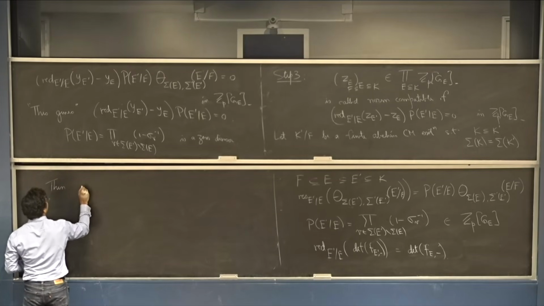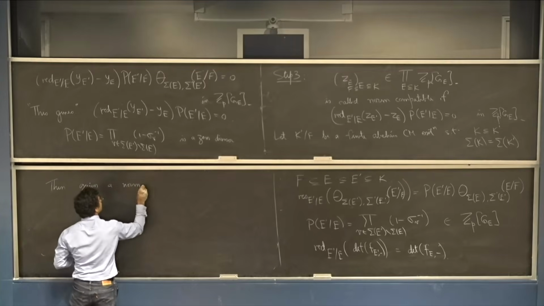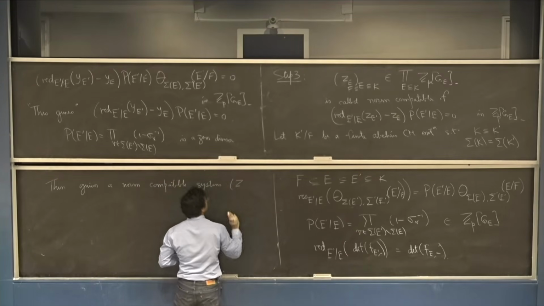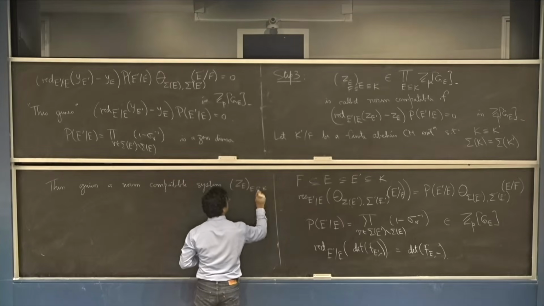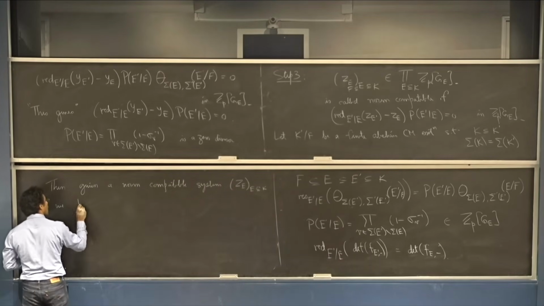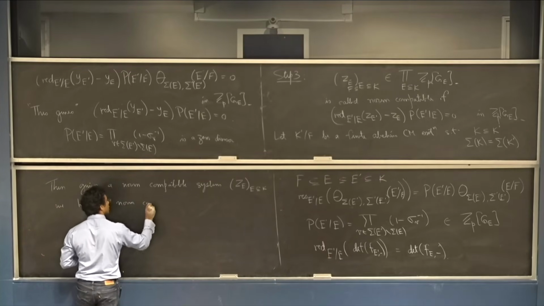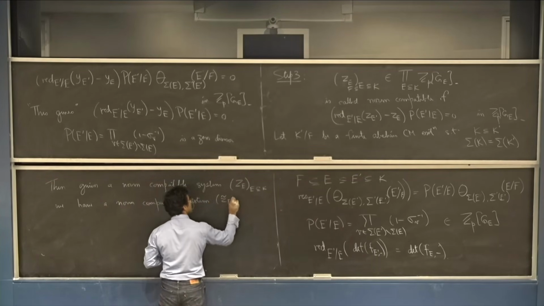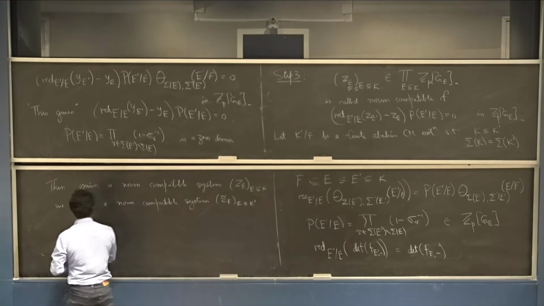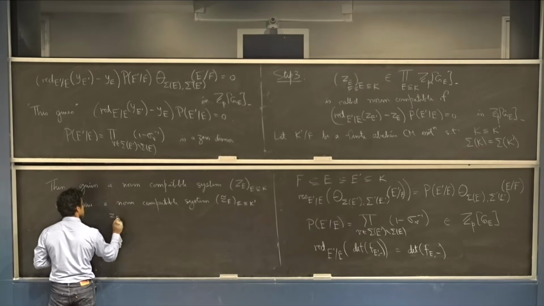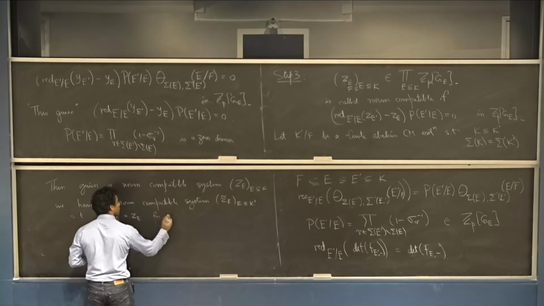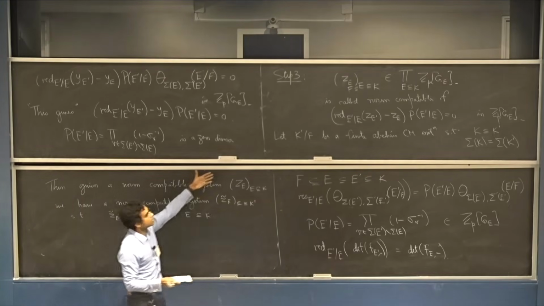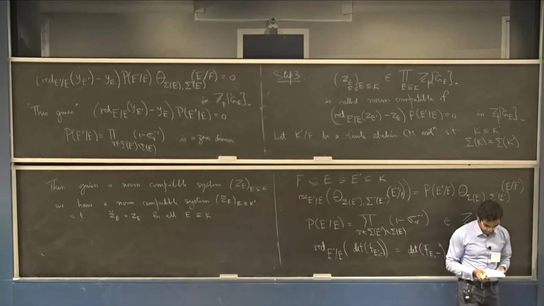So then, given a norm-compatible system Z_E for E inside K, we have a norm-compatible system Z tilde_E for E inside K' such that Z tilde_E is equal to Z_E for all E inside of K. So I get a bigger norm-compatible system attached to this K'. That's what it means.